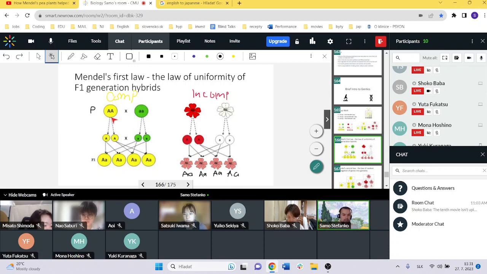If there is complete dominance, the dominant allele will mask the presence of the recessive allele in the offspring, so that's why everything is yellow.